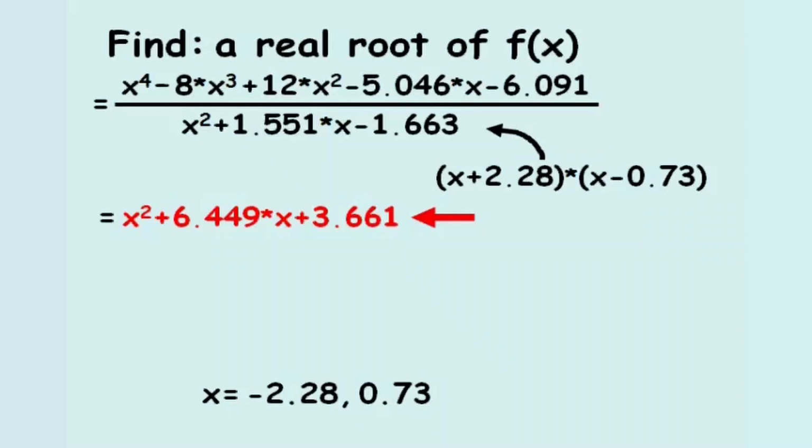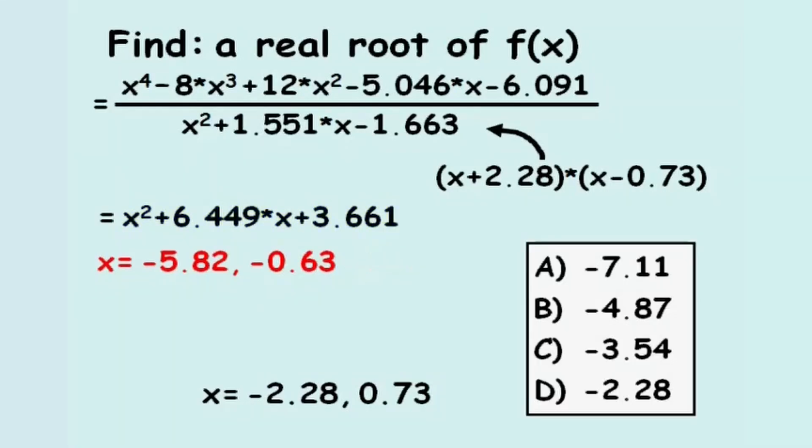The roots of this equation can again be solved using the quadratic equation and equal x equals negative 5.82 and x equals negative 0.63. Neither of these two roots are particularly close to the four possible solutions.